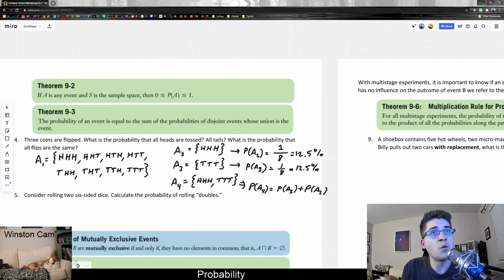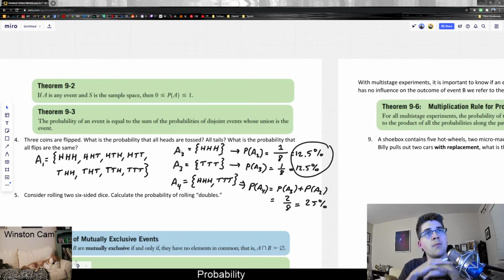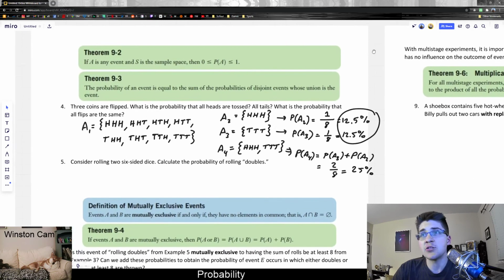It would just be 1/8 plus 1/8, 2/8, or 1/4, which is 25%. That's the idea of adding probability. You're only allowed to add them like this when there is no overlap. If there is overlap, you need to make sure to take that into account.